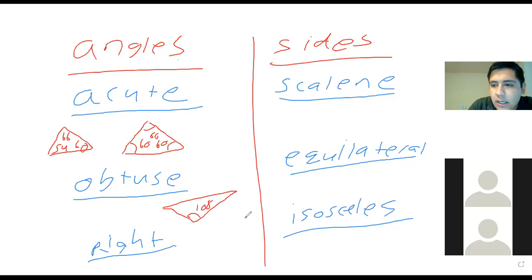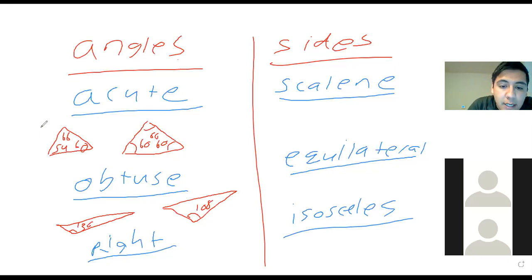As long as we have one angle that is obtuse, we have an obtuse triangle. There could even be some that are wider, where the angle is maybe 130, pretty big. But it's all based on the fact that one of the angles has to be obtuse, bigger than 90 degrees.